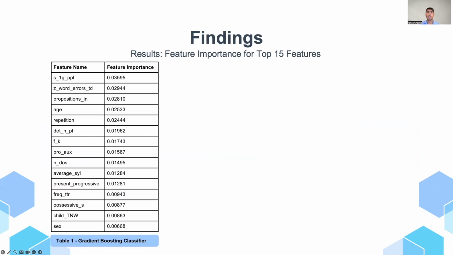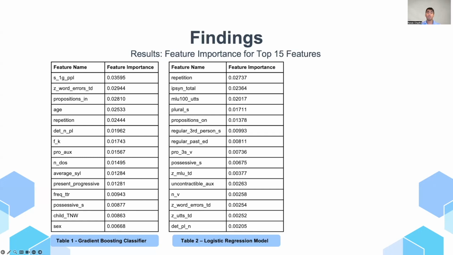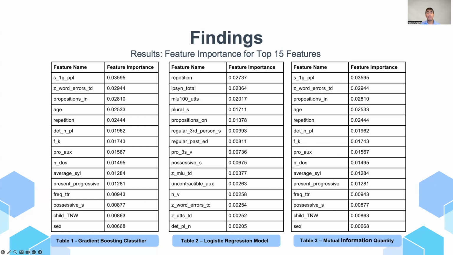This slide shows the top 15 features ranked in importance from most to least important for each of the three methods, starting from the left with the top features for the gradient boosting classifier, followed by the logistic regression model in the middle, and the mutual information quantity on the very right.